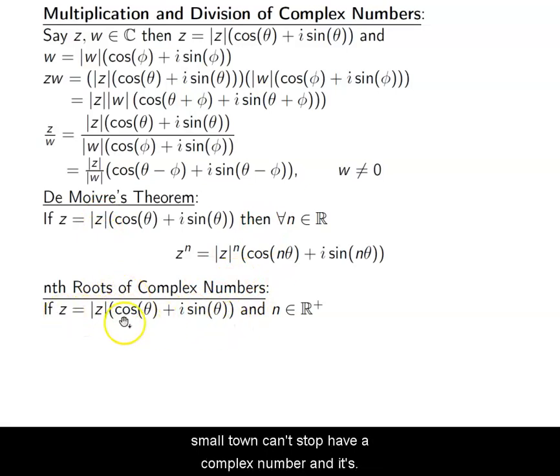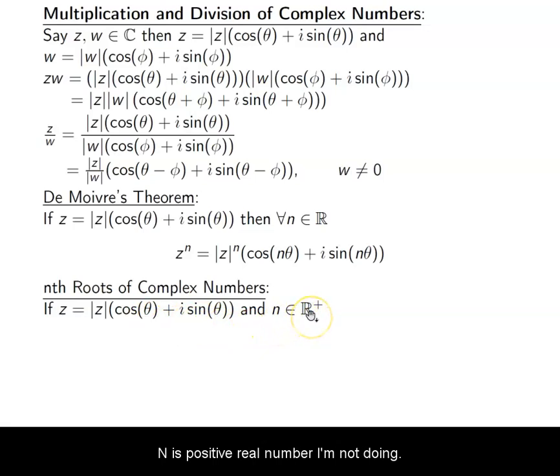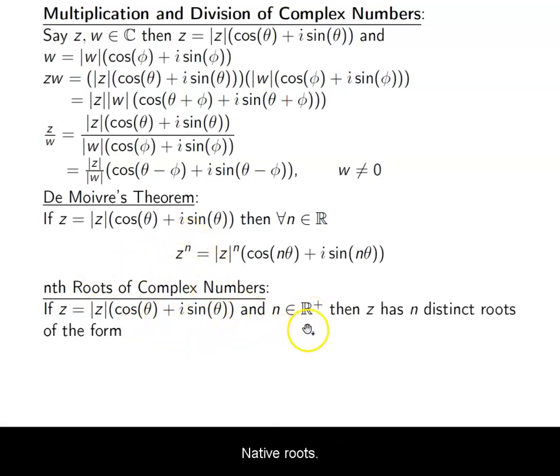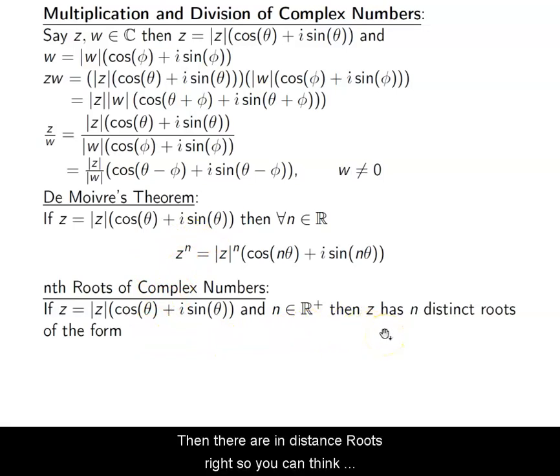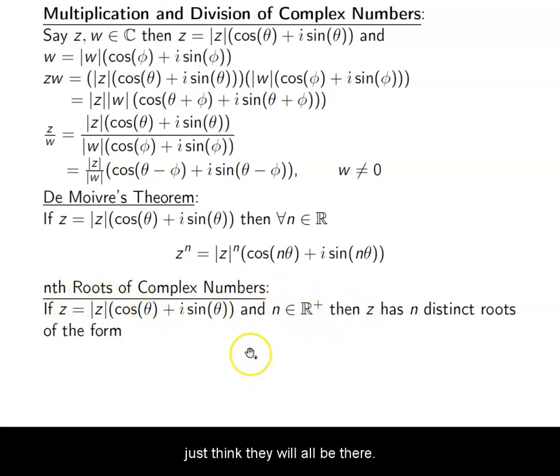Okay, so if I have a complex number in its polar form, and n is a positive real number, so I'm not doing negative roots, then there are n distinct roots, right? So if you think about it, if you find the cube root of 27, the answer is 3, because it's 3 times 3 times 3. So if I take the polar form, I will have 3 different roots, and in this case, they will all be distinct. They will all be different.